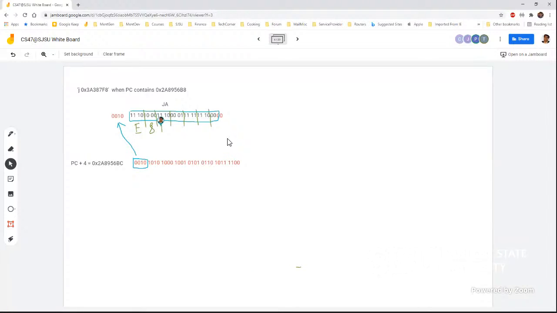This is E. This is 1. This is F. This is E. This is 0. Oh, I forgot this one. This is 2. So 2E, 8E, 1F, E0. So this is your ultimate target address that the instruction is going to be executed from, or the jump is going to that address, basically 0, 2, E, 8, E, 1, F, E, 0.